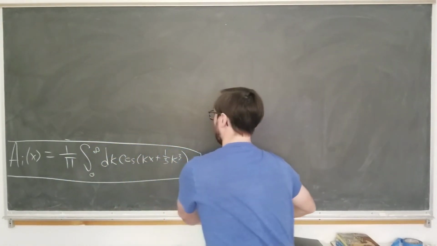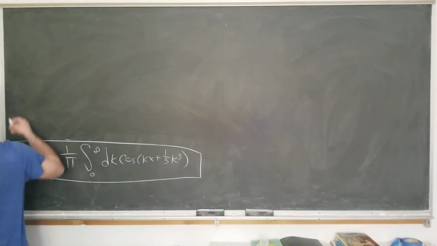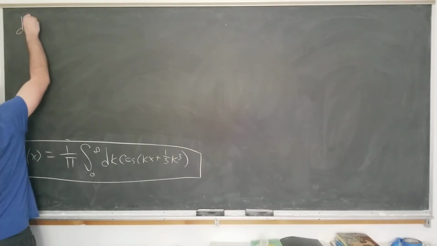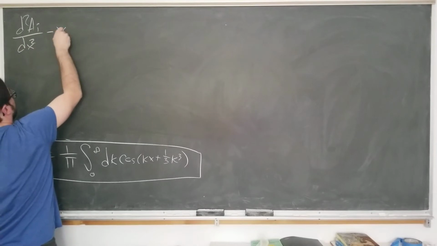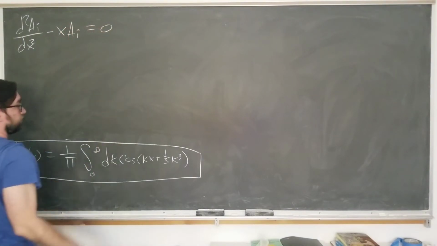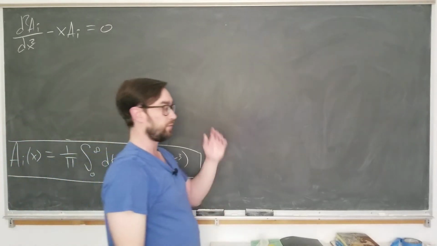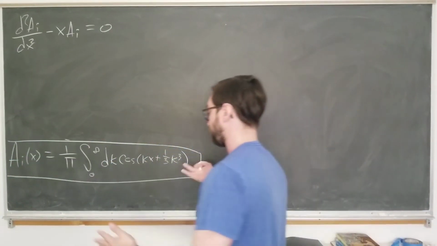So, our original equation for Ai that it was supposed to satisfy was d squared Ai by dx squared minus x Ai is equal to 0. So let's just go ahead and take some derivatives, multiply by x, and see that it satisfies this.